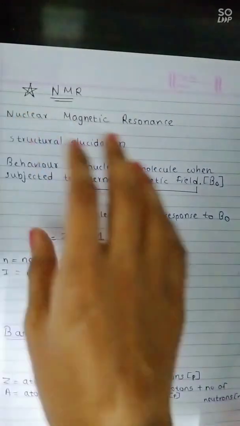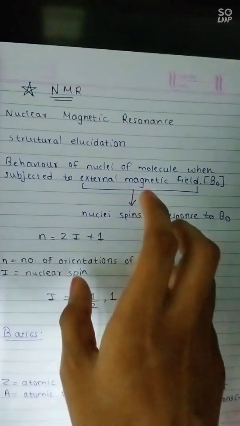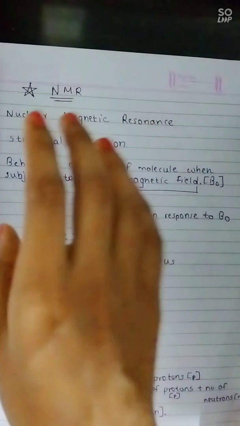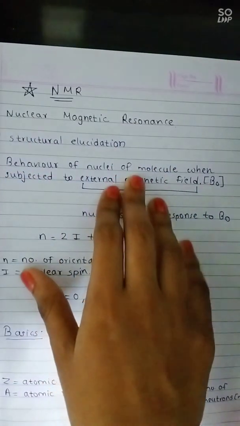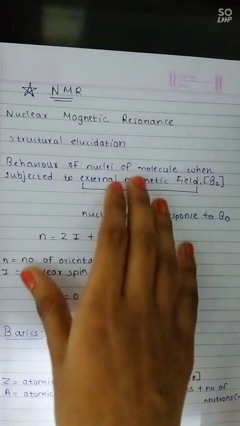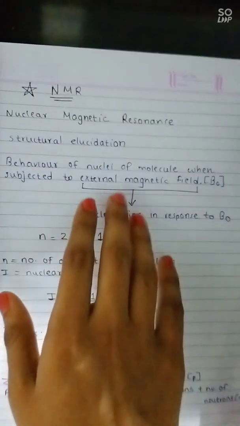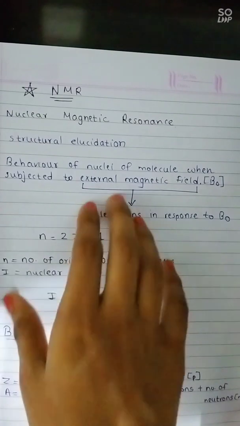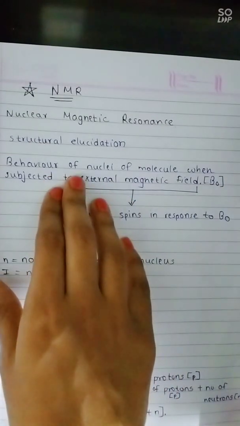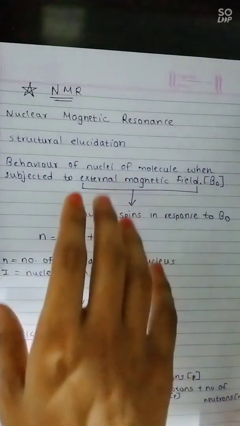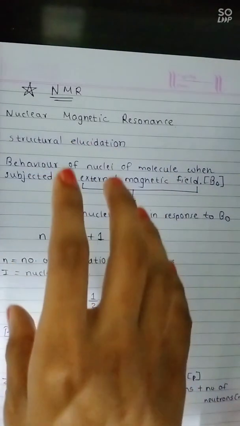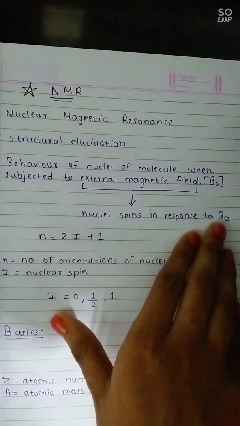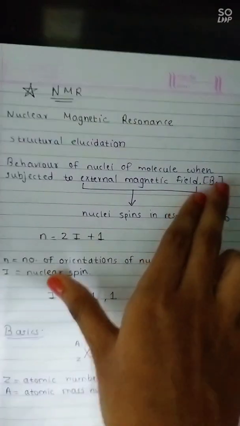Now, if an external magnetic field is applied, then NMR will help us to determine the behavior of the nuclei of that molecule when it is subjected to this external magnetic field. Whenever a molecule is placed in an external magnetic field, it will have a certain orientation. That means the nuclei will spin in response to that magnetic field, that is B0.